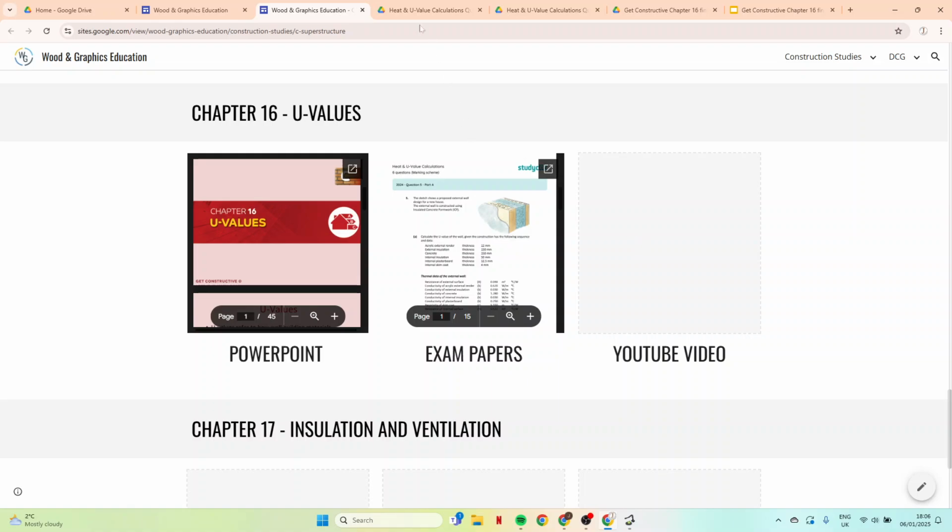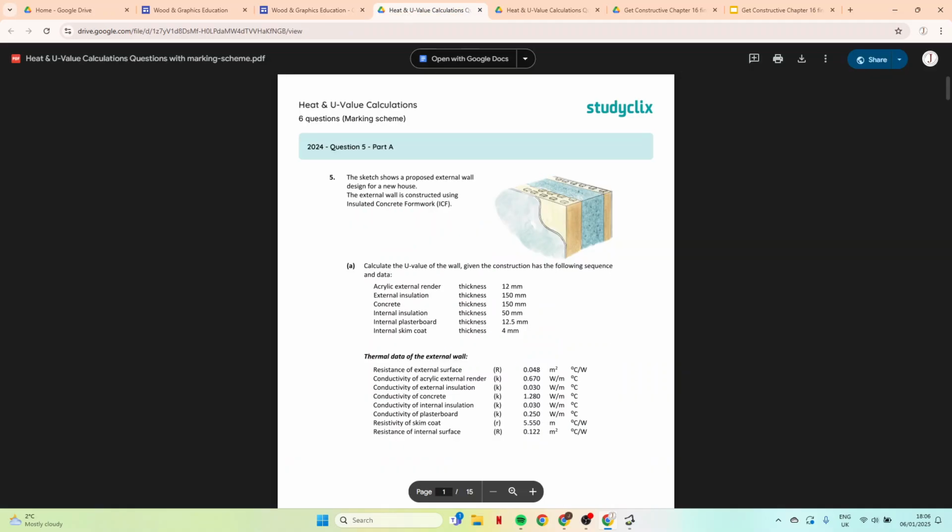Now, what we're going to notice is our section A, our question 5, is one of those questions that comes up pretty much every single year. It's not written into the curriculum that it has to be a question 5. Just for the last 20, probably 30 years, question 5 has always been a U-value question of some shape or form.